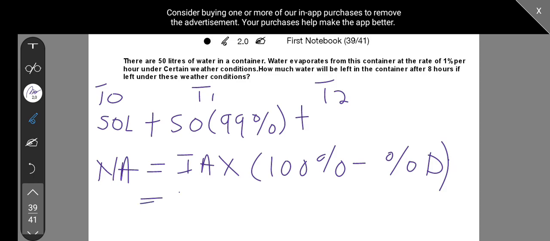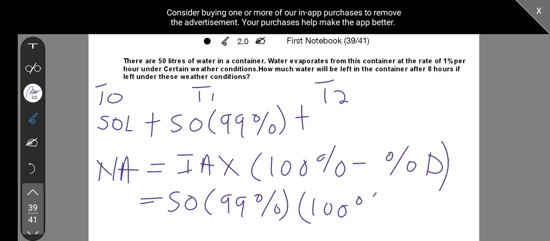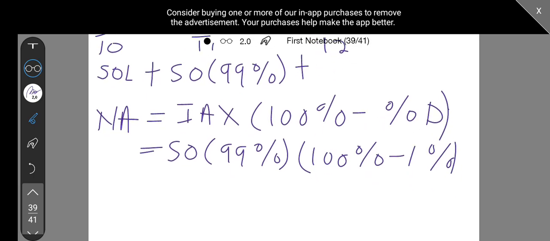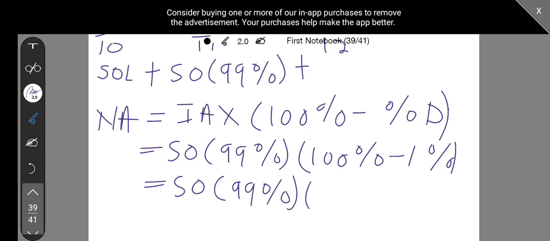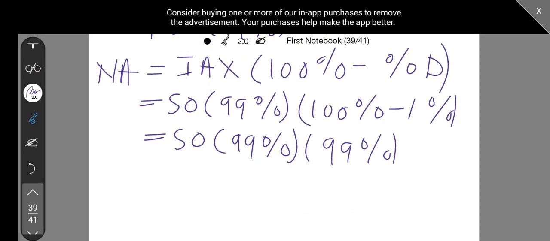The initial amount is 50 multiplied by 99%, multiplied by 100% minus 1%. Notice what we get: 50 multiplied by 99% multiplied by 99%, which is 50 multiplied by 99% squared, and that's term number 2.